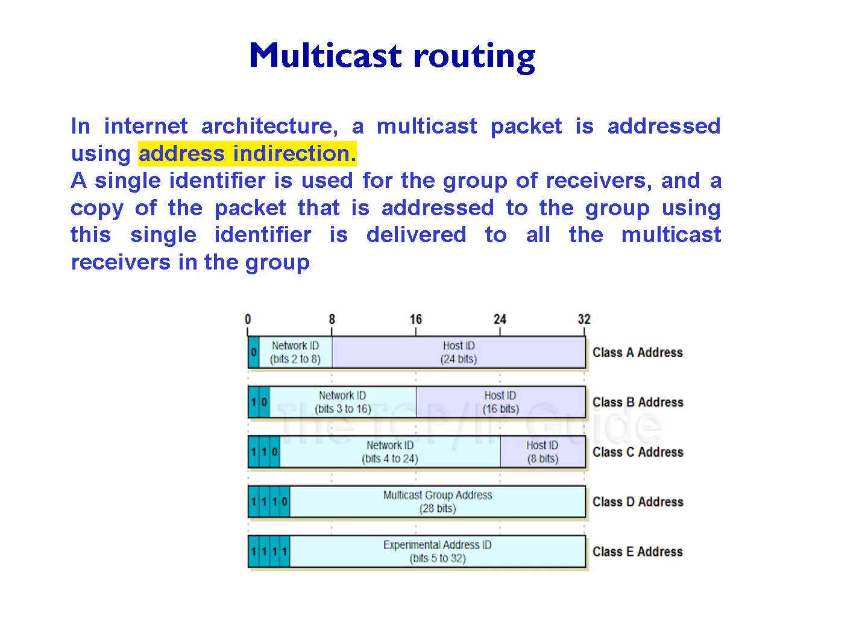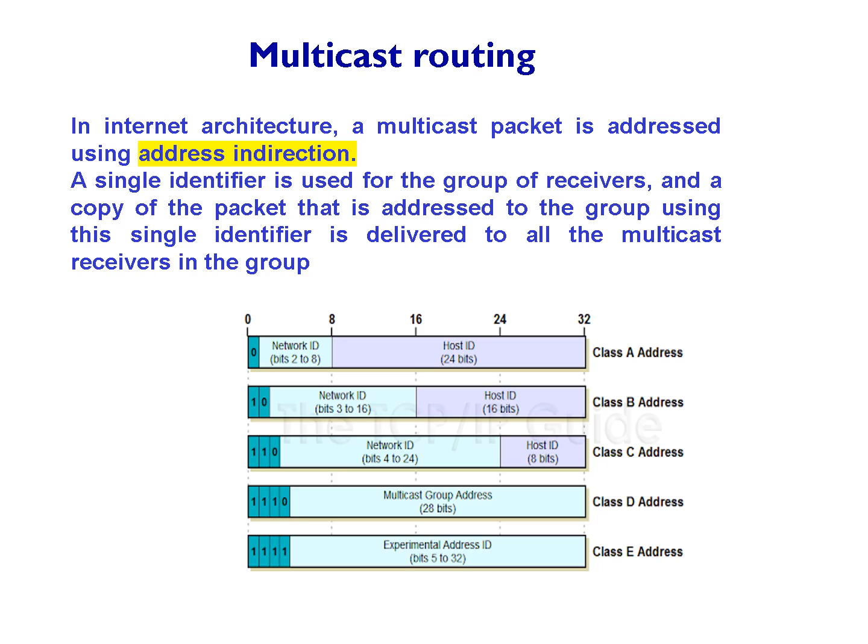The multicasting in the internet is done through address indirection technology. What does indirection of addressing mean? A single identifier is used for the group of receivers. When we studied IP addressing, we mentioned the class D type of IP address.